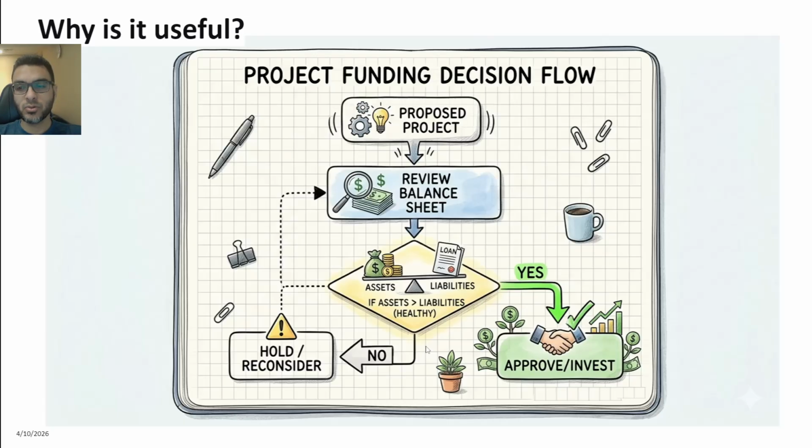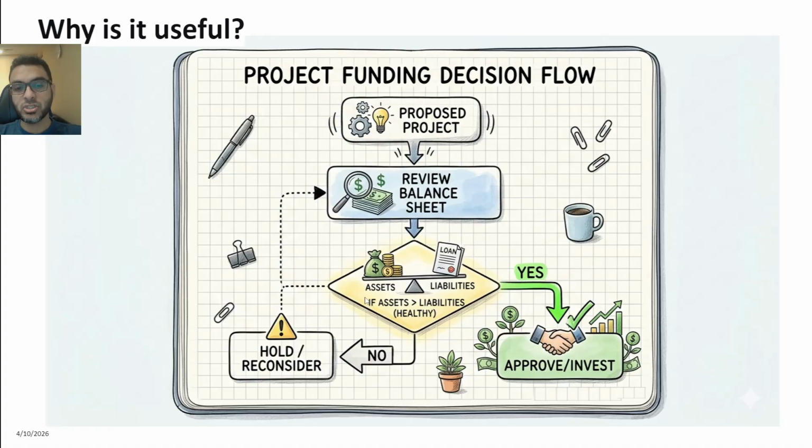Now the question is, how can we use balance sheets to make management decisions? Let's imagine that there is a proposed project, and now the management board needs to make a decision to either invest in it or not. First thing to look at is the current financial situation of the company by reviewing the balance sheet.